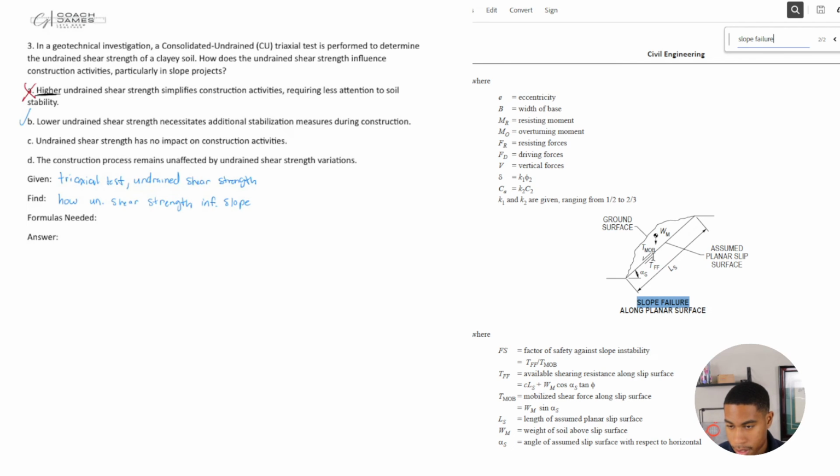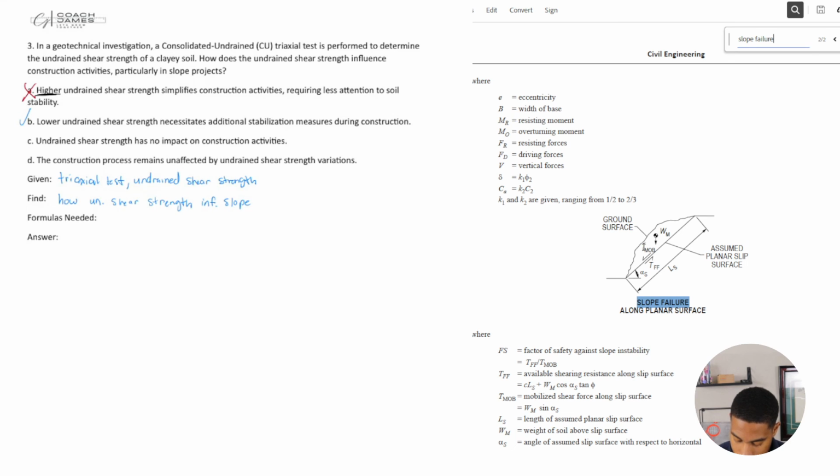If you think about it too, it's going to be easier for the force to come down because of gravity versus the resistance going up. So the more we can decrease the force coming down of the soil, the more stable our project and our surface is going to be.